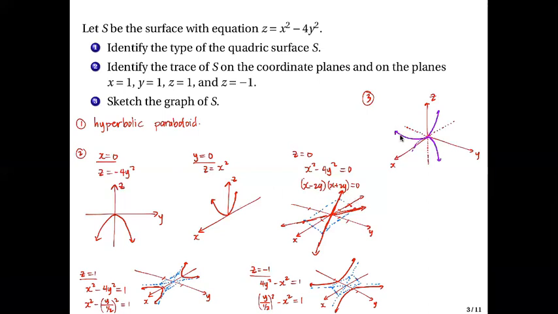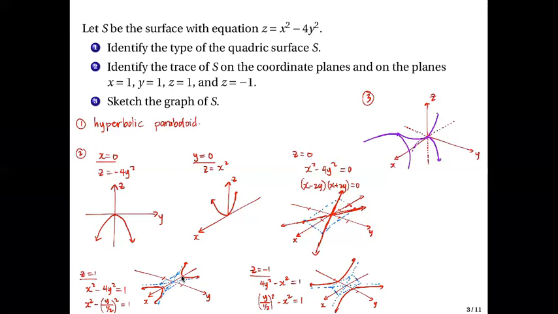And then if you look, this is above the xy plane. This is positive z. This is also positive z. So for z equals 1, we have this hyperbola. Okay? So we have that hyperbola, something like this here and this here.